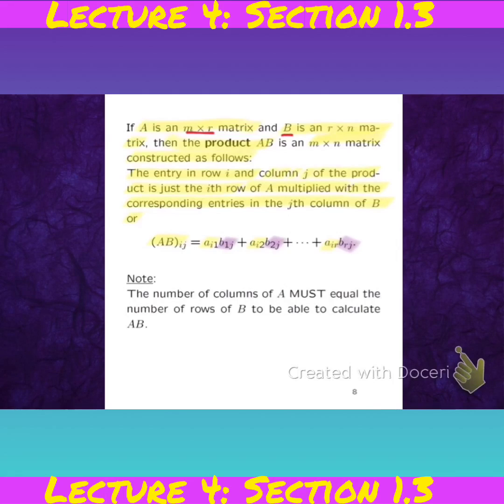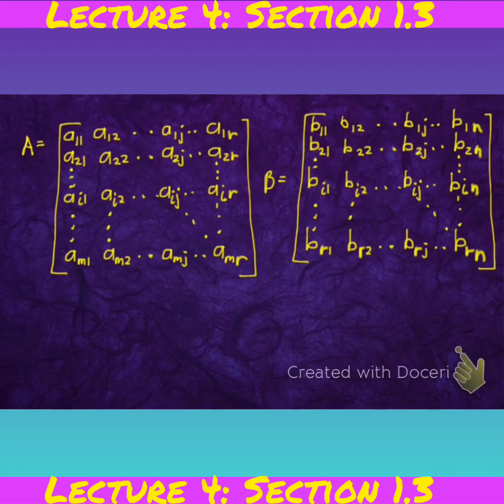And remember, B has got R rows, and it's got N columns. Okay, so there we've got the two matrices. So what does the entry in the ith row in the jth column of this matrix look like? That's just a generalized expression of what the entries in A times B look like. So the entry in the ith row in the jth column looks as follows.